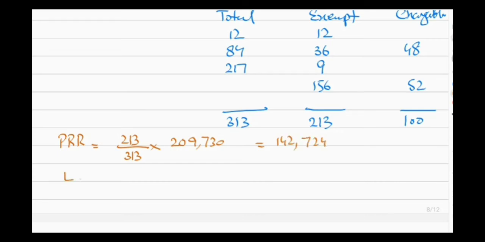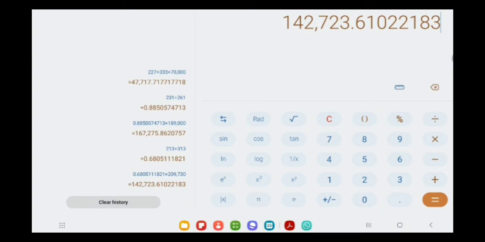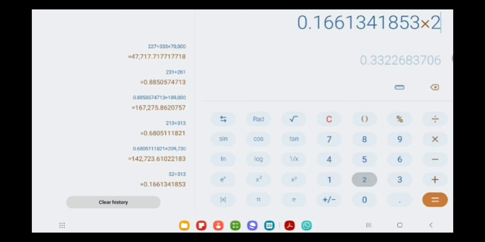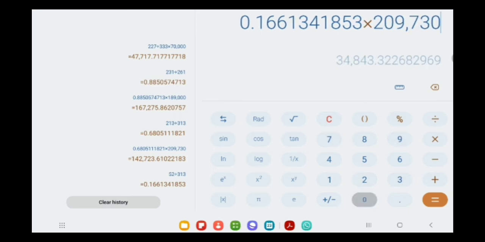In the same way, we calculate letting relief. The letting period is 52 out of 313, so it is 52 divided by 313 multiplied by 209,730.